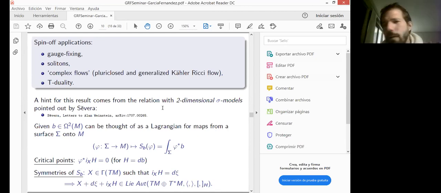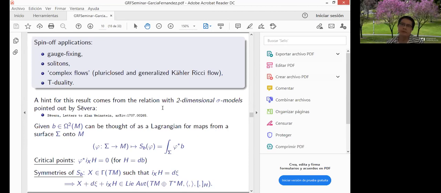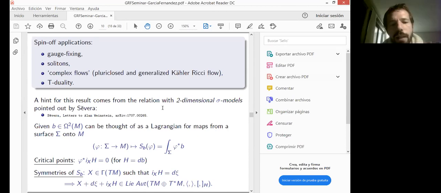Yes, I said so eventually. That's correct. So if I take X, i_X H, then this is an element in the Lie algebra of the automorphism group.